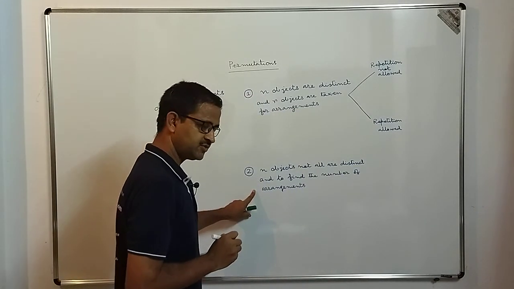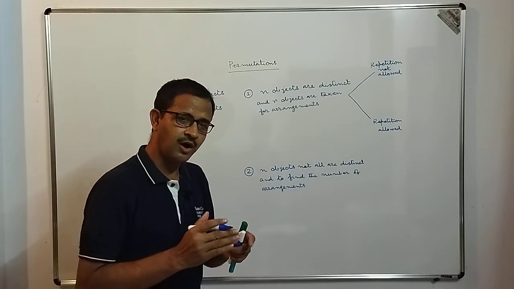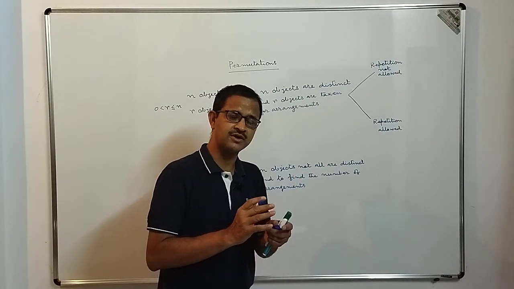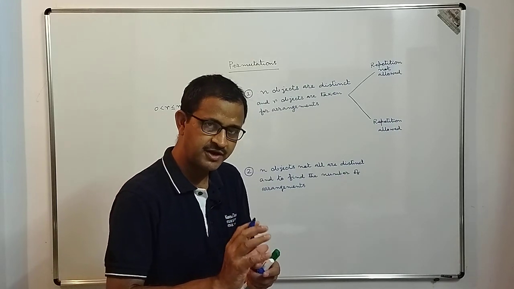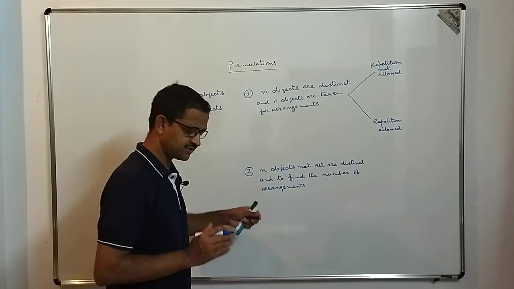In this particular case, we need to know that if n objects are not all distinct, then how they are actually similar and what kind of objects can be categorized into one group. That will come after some time.